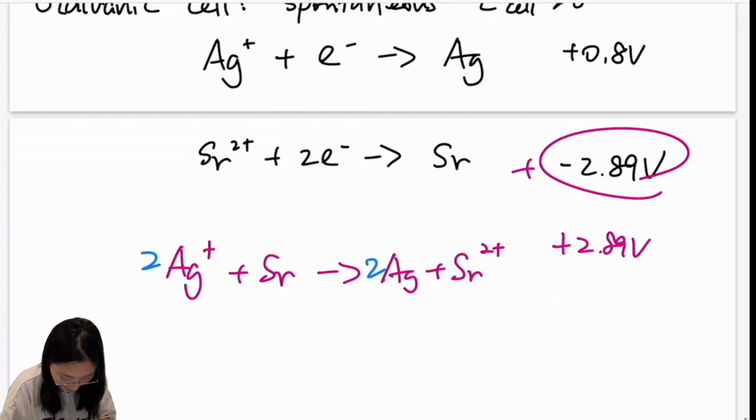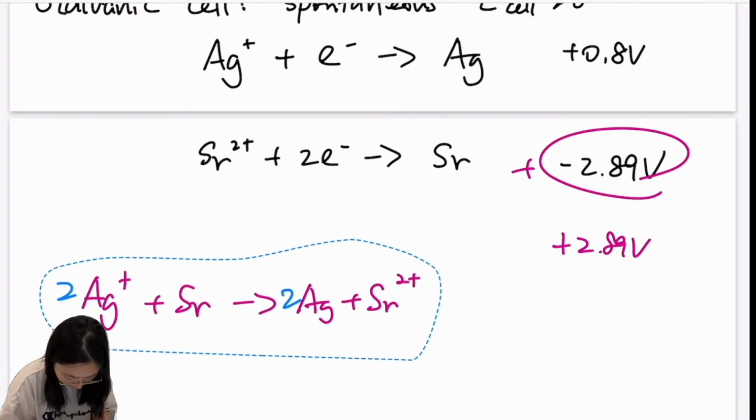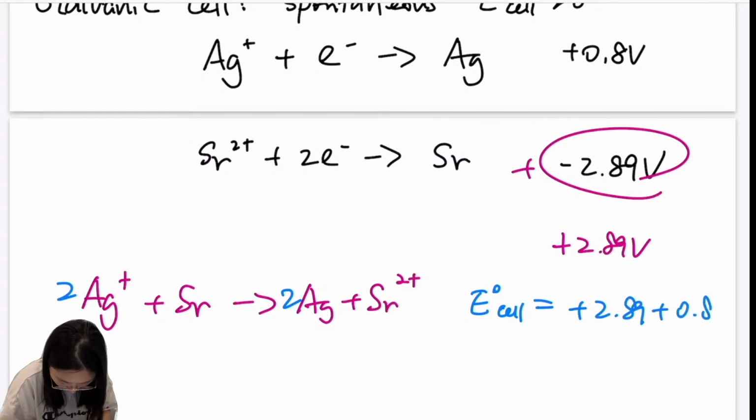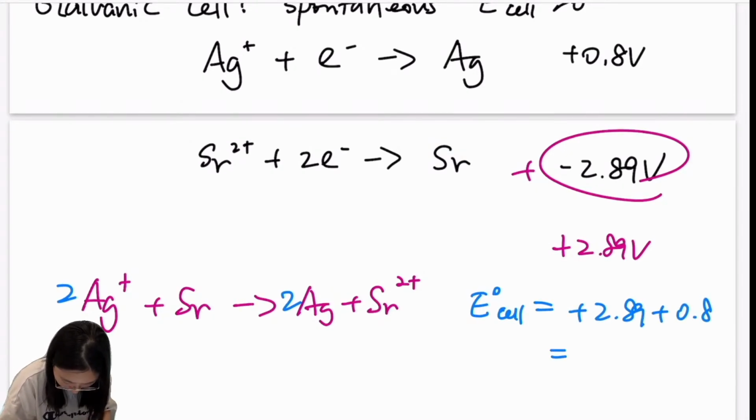If you flip the cerium one, you get this, and your cell potential becomes positive 2.89 plus 0.8, which is a positive value of 3.79 voltage.